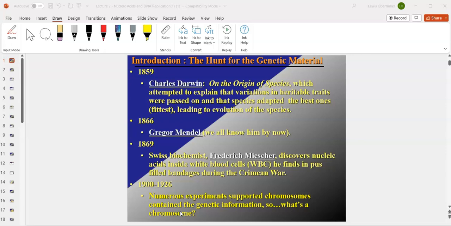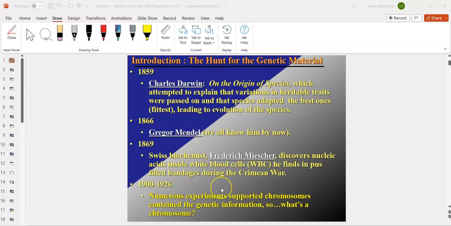And then we have Gregor Mendel, who we all know and love. Hopefully, we know him by now. And then in 1869, we had the biochemist Miescher, who discovered nucleic acids in bandages, inside white blood cells, during the Crimean War, right? The Crimea, Russia thing.